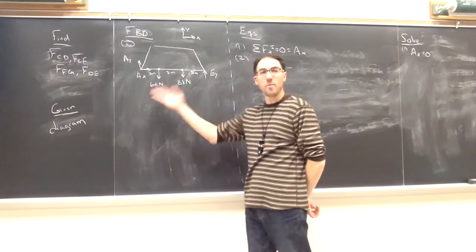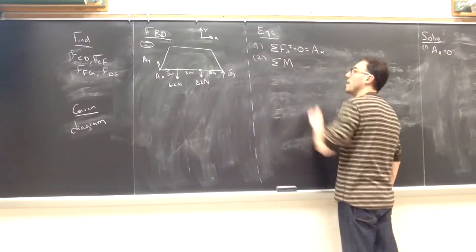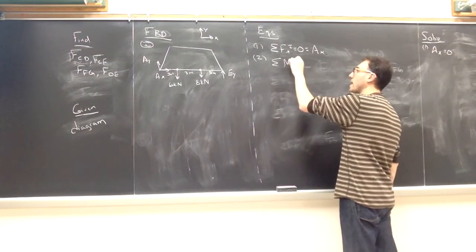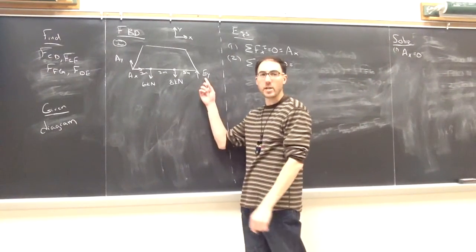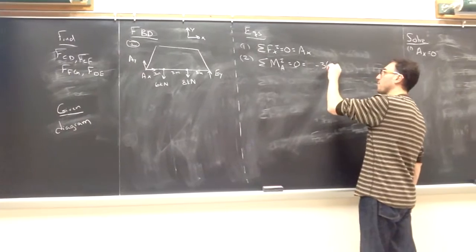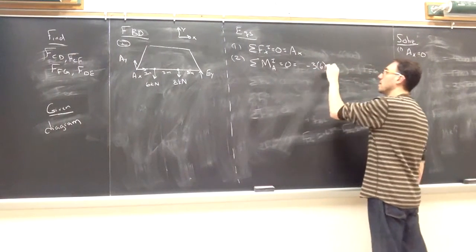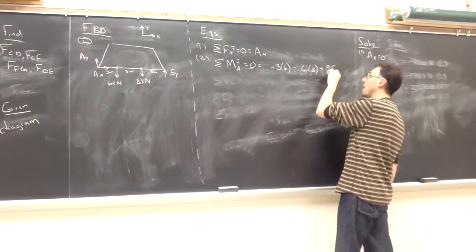And then I'll have AY and EY left to find. If I take a moment equation around A, that's going to leave me only one unknown in my equation, EY. So I can find EY right away. That'll be negative 3 times 6 minus 6 times 8 plus 9 EY.